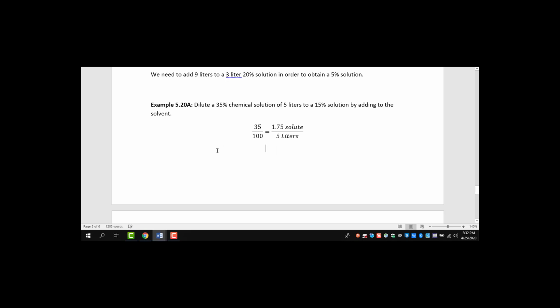So now that I have that, let's take the whole thing. That's what I have, and that's a 35% solution. Now I'm going to add X liters to this. It's like just diluting it.